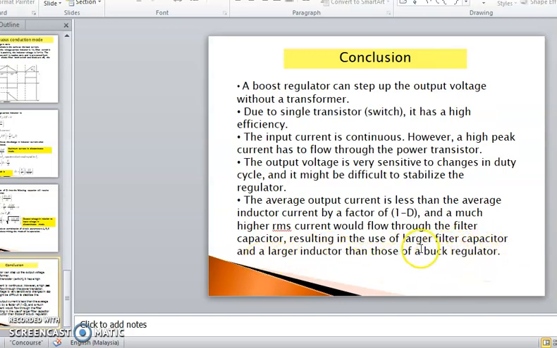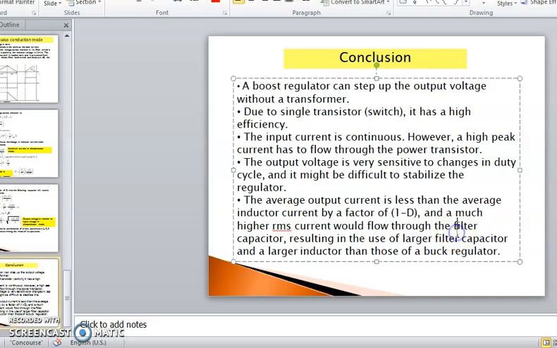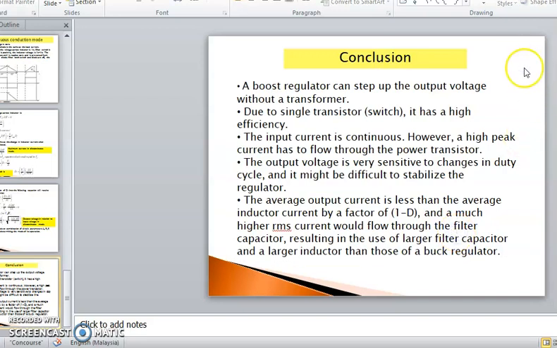Compared to the buck regulator, the boost might have to use a higher value of filter capacitor and also inductor filter. Higher value means higher cost, so we should consider that in our design.